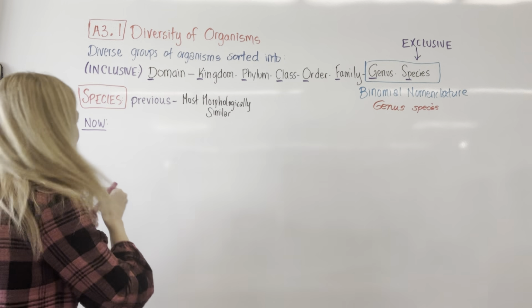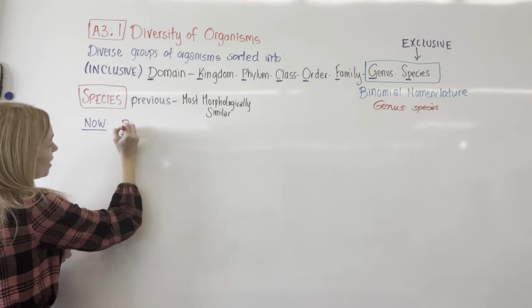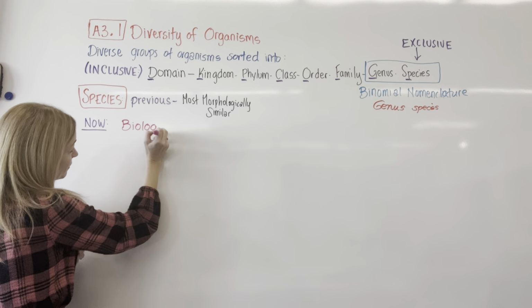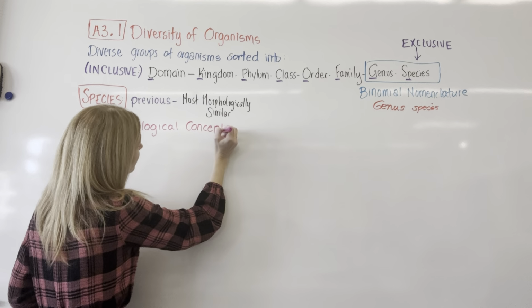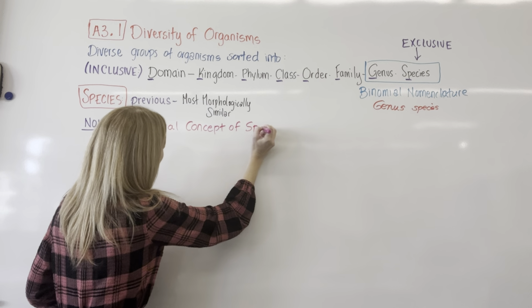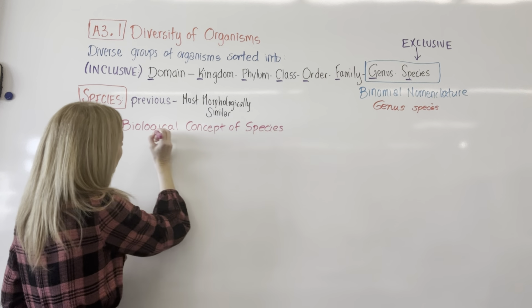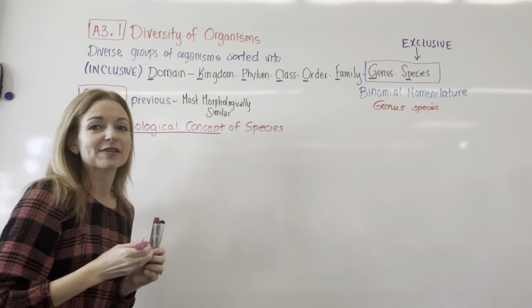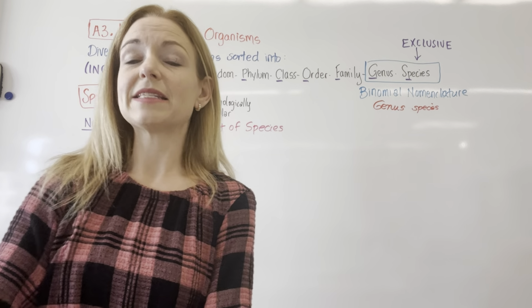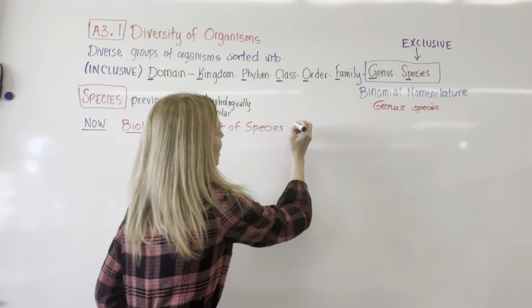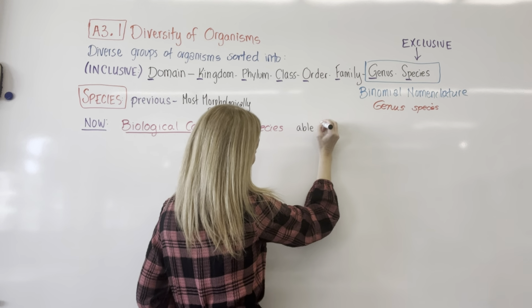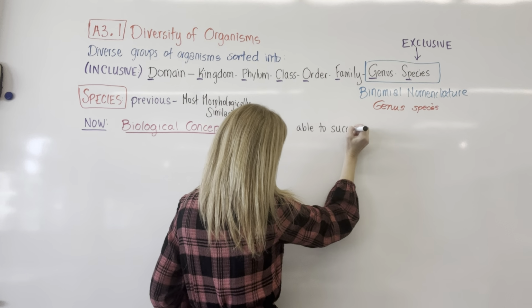but just a reminder that we call this the biological concept of species. That's just the official term for it. And the biological concept of species is all related to mating. So if we recall, if you are a shared species, you are able to successfully reproduce.